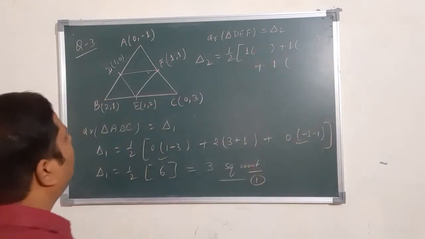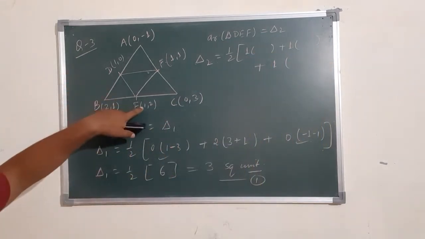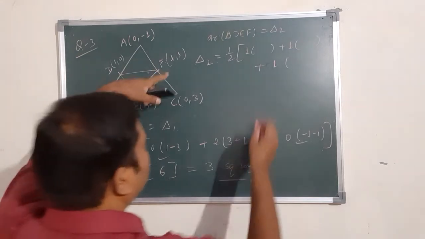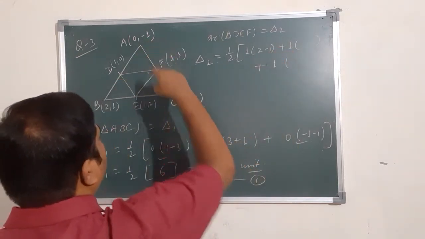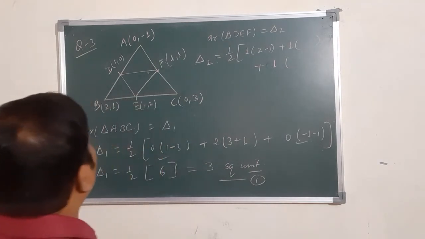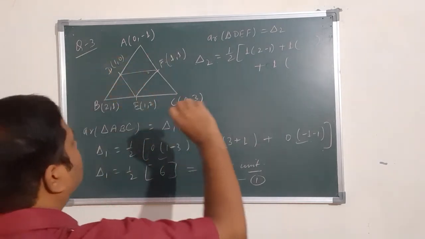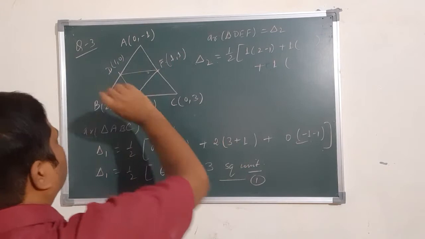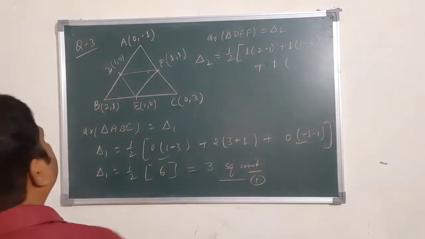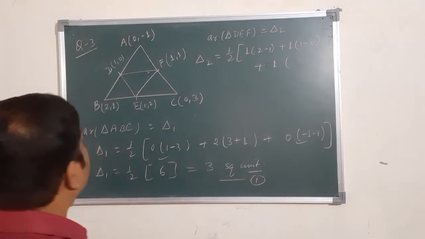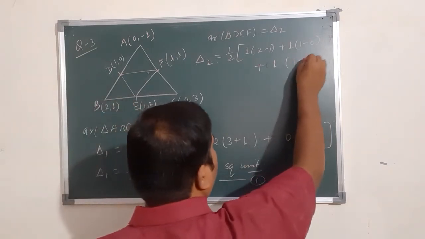Now put the values: x1 times y2 minus y3, 2 minus 1, then y3 minus y1, 1 minus 0, and y1 minus y2, that means 1 minus 2.